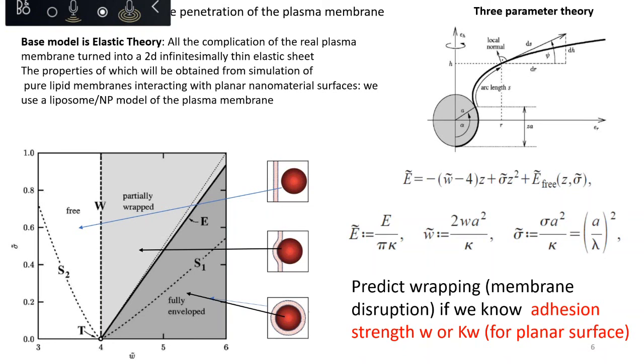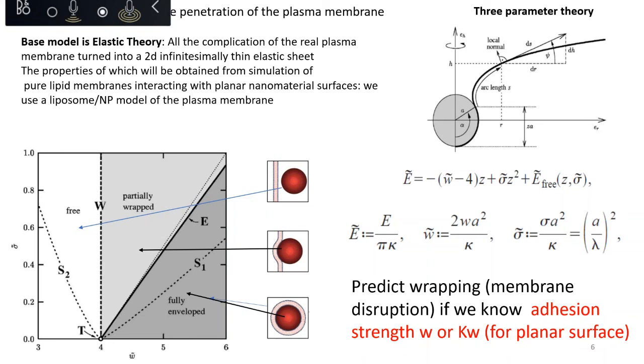So the key initiating event is translated from experiment into this elastic theory. It only requires 3 parameters: the surface tension of the membrane, the adsorption free energy for the membrane with the nanomaterial, and the bending tension of the membrane.